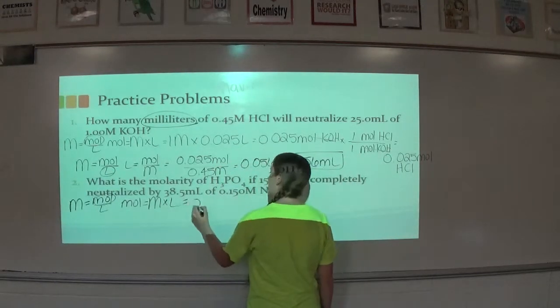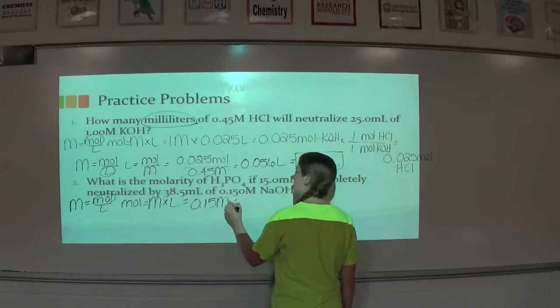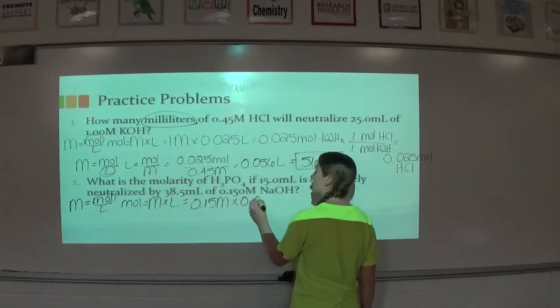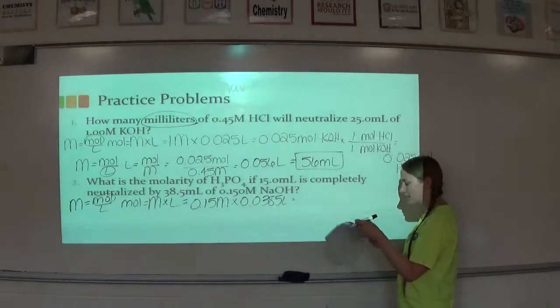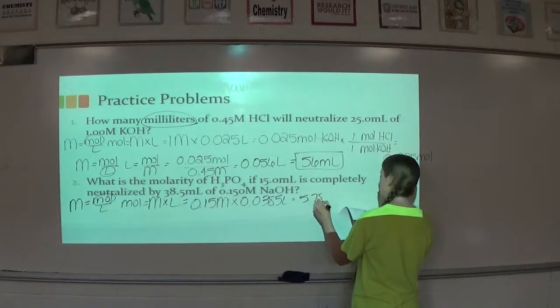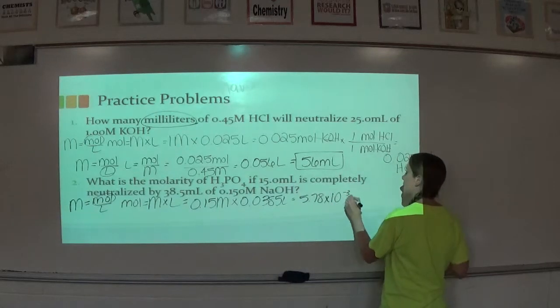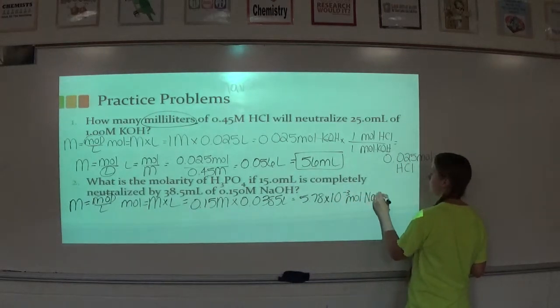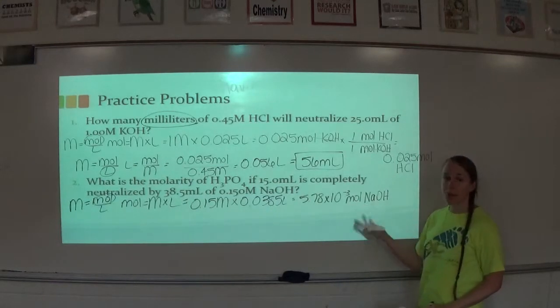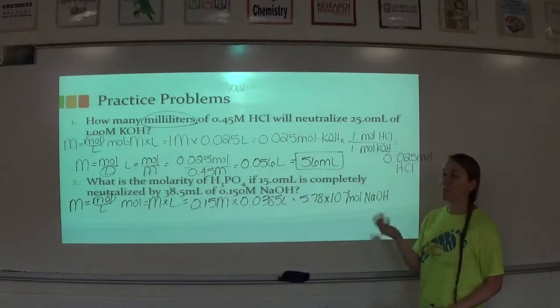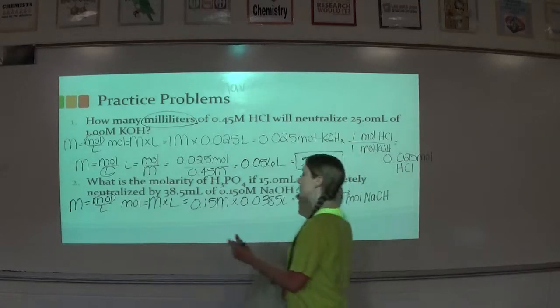Alright, so my molarity is 0.15. I multiply by my liters, which I will change to 0.0385 liters. Once I solve that, I end up getting 5.78 times 10 to the negative 3 moles of NaOH. Once I have moles of NaOH, I can get to moles of H3PO4 using our mole ratio.